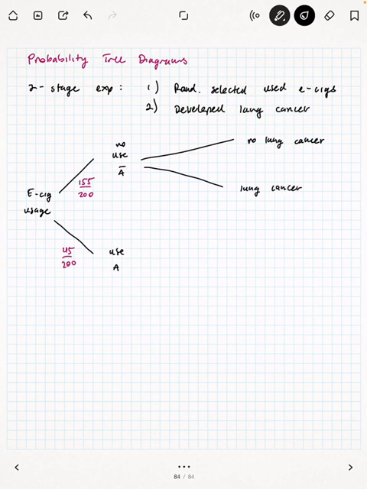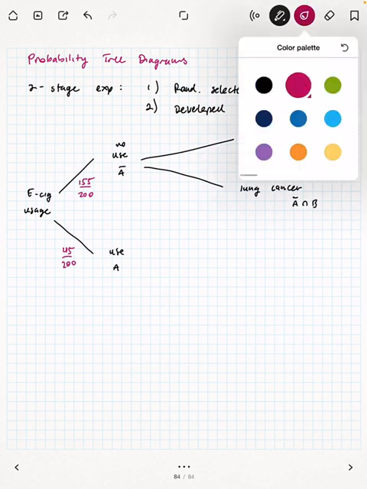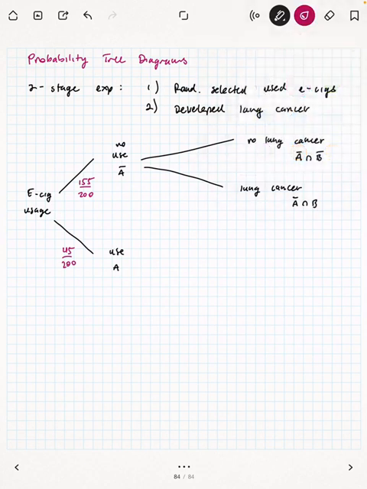So, to be clear, from the group of non-users, then we determine how many didn't develop lung cancer and how many did. So, symbolically, this branch represents A bar intersection B bar, and this branch represents A bar intersection B. So from these people, so from these 155, we determine how many got lung cancer and how many didn't.